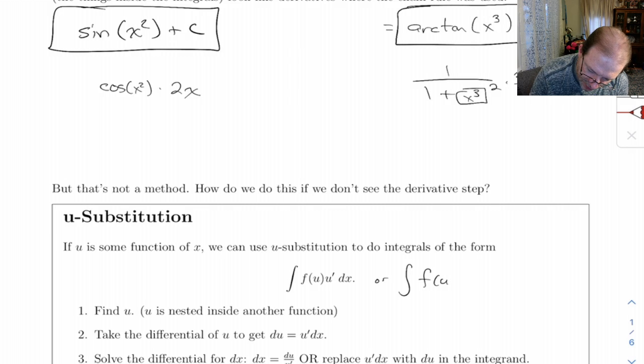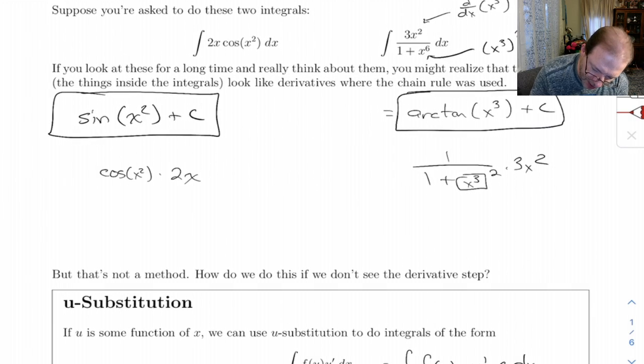But you've got f of u times u prime times a constant and then dx. And if you look up here, both of these sort of satisfy that. Notice what's going on. The important thing is the function, or u, shows up nested inside of some other function. U's derivative shows up multiplied by that.